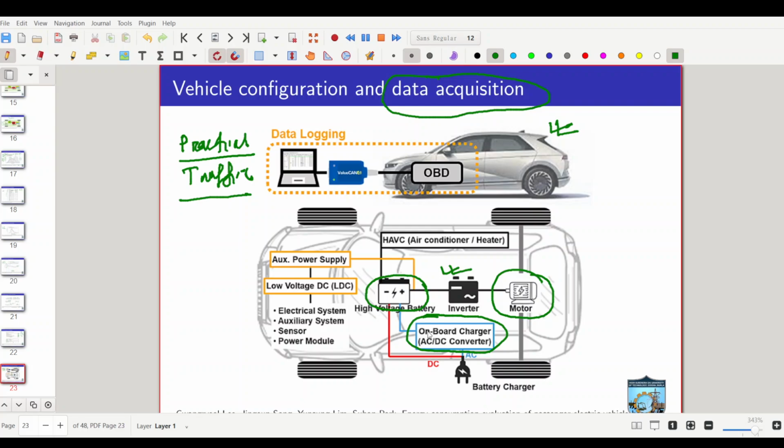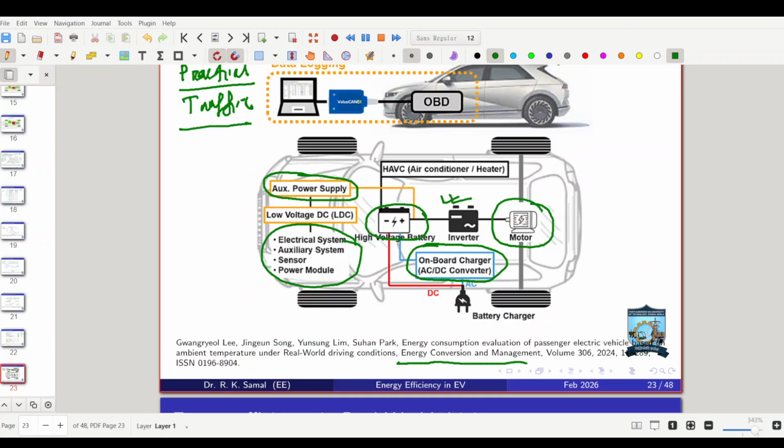We have auxiliary power supplies. Another battery is provided here. Low voltage DC electrical system, auxiliary system, sensors, power module. These are provided, the 12-volt battery that we use. This paper is on an ECM. I'll recommend you to go through this paper. It's a nice one, providing details of the testing.